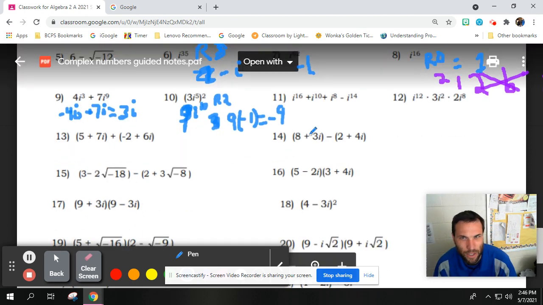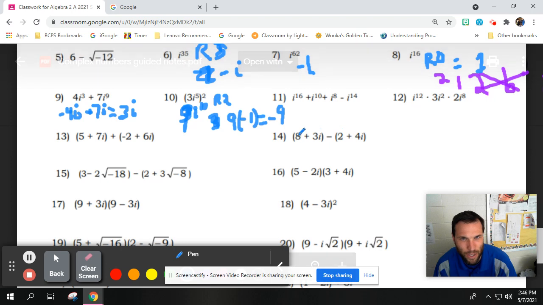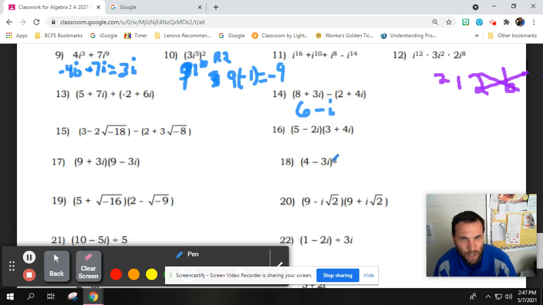Just a reminder right here, let's see, 8 minus 2 is 6, and 3i minus 4i is negative 1i. This one is, you gotta multiply it by the same thing. Don't just distribute the exponent. So and then FOIL. So 4 times 4 is 16.